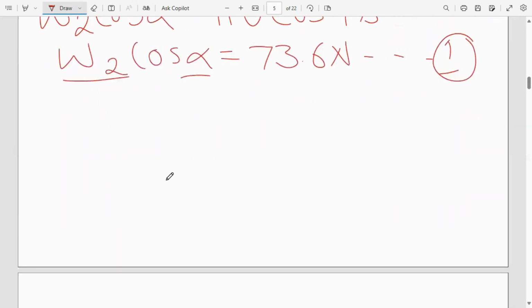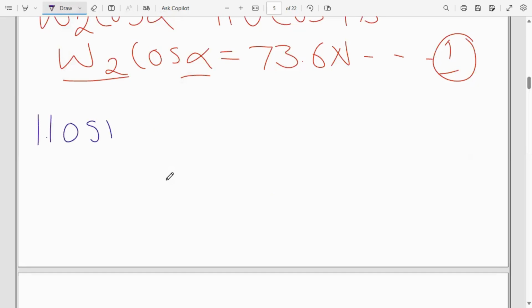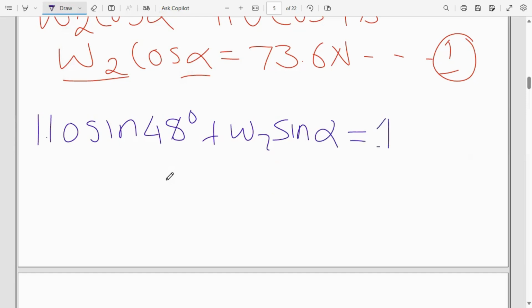So what are we going to have? Okay, so we have 110 sine 48 degrees plus W2 sine alpha. And these forces should be equal to W1, of which what is the value of W1?